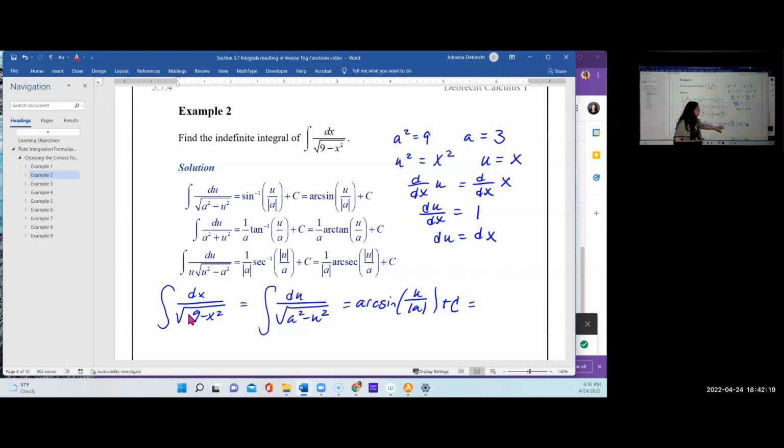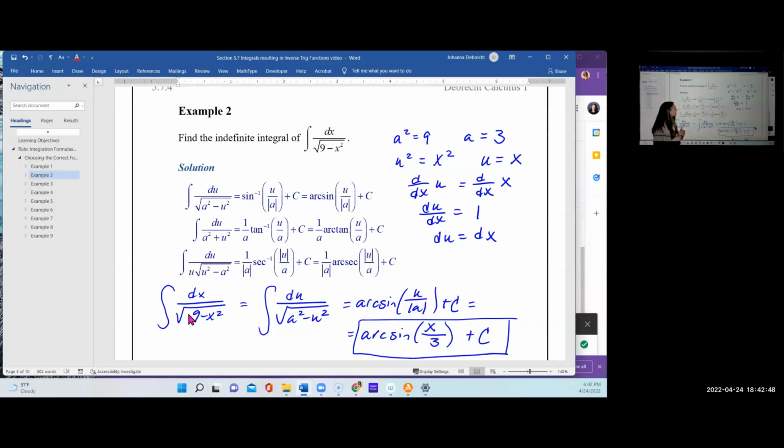Now we're going to go back to the original, since it was originally in terms of x, and get the antiderivative function in terms of x. So we replace u with x, and we replace the absolute value of a with 3. This leads to the arcsine of the argument x divided by 3 plus the constant of integration c.